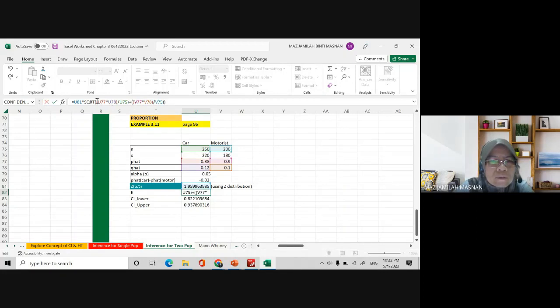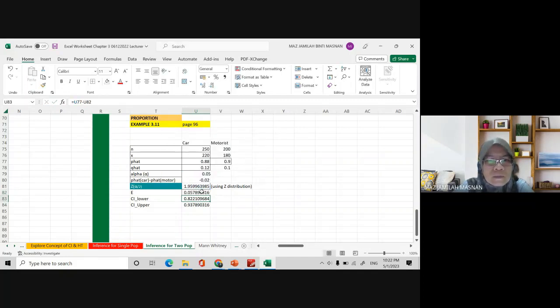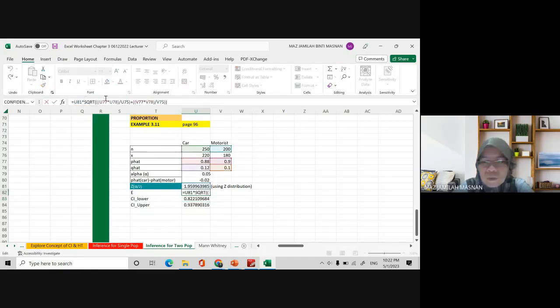So there should be another bracket here for the whole two populations. So let us check. Okay, yes. Okay, so here it should be square root over here and here.